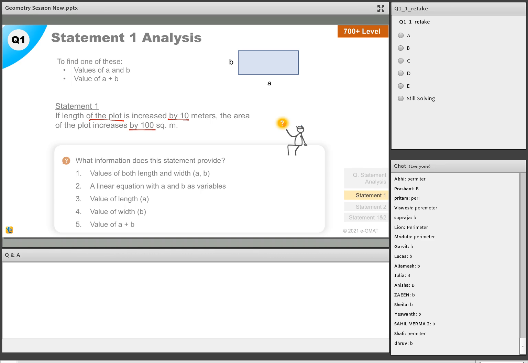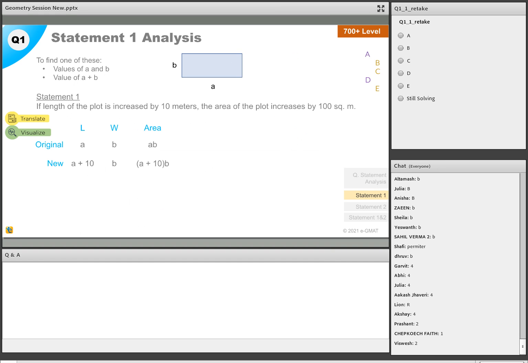Now, looking at this statement, which of these 5 statements do you think is true? Perfect. I would get the value of the width, that is b, right? So let's check if I do get that value or not.